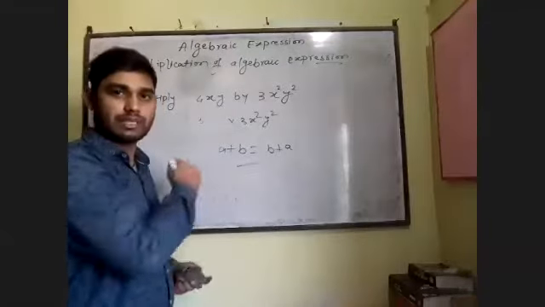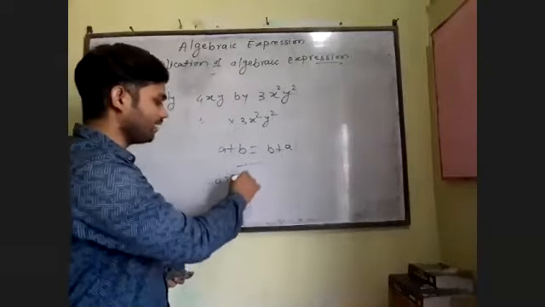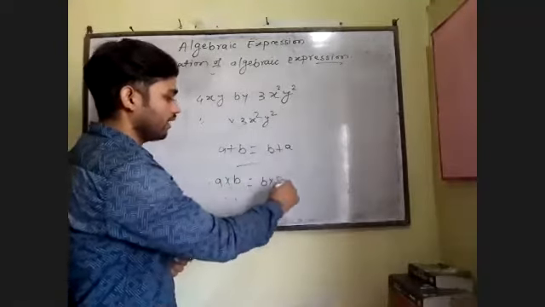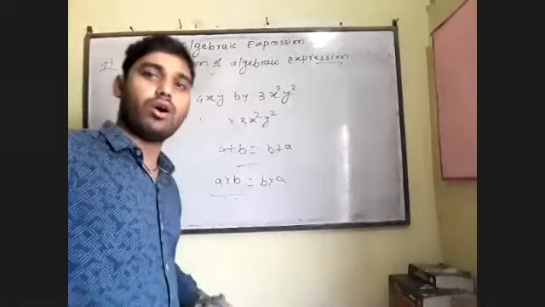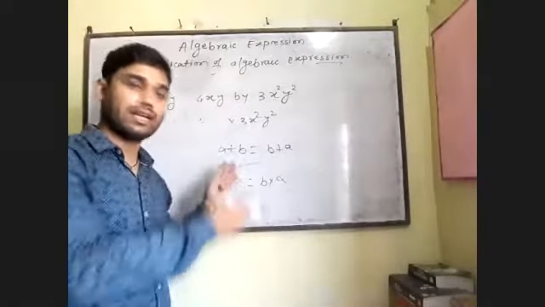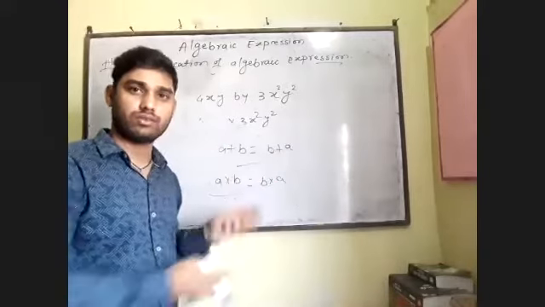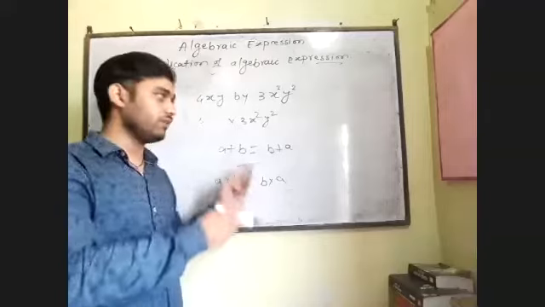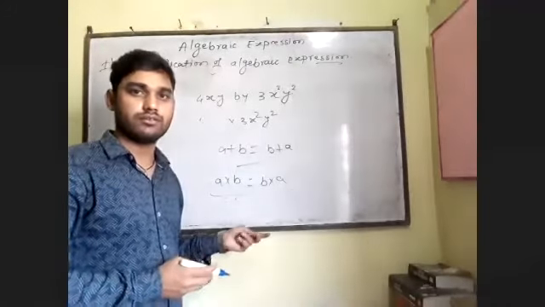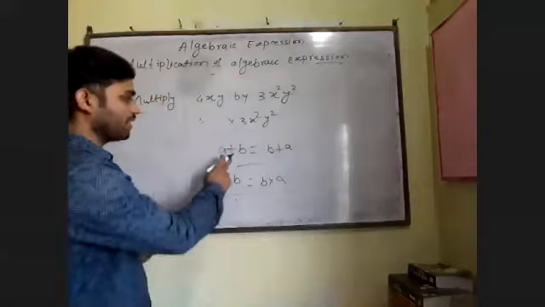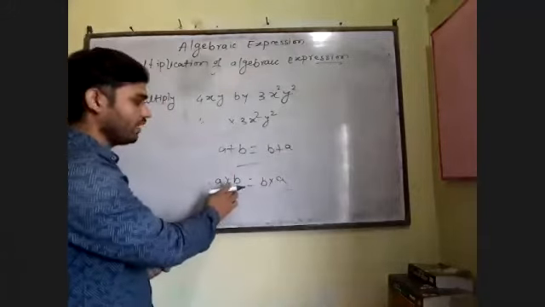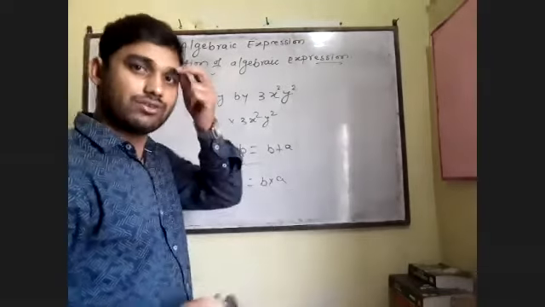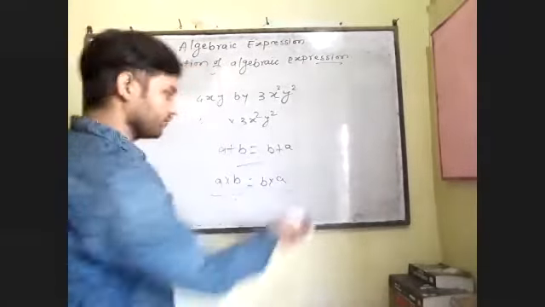Also in multiplication, if a multiplied by b, if you write a into b or b into a, the value will remain the same. All the chapters and concepts are connected to each other. So don't forget, try to revise all the chapters that we have already finished. So a plus b is b plus a, and a into b we can also write as b into a. Understood now?